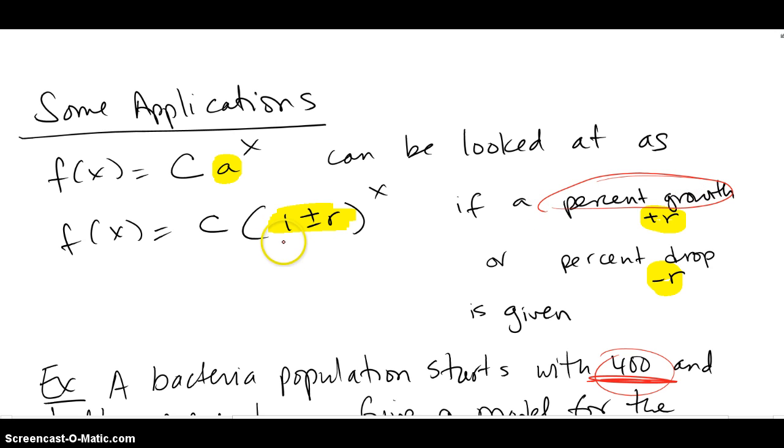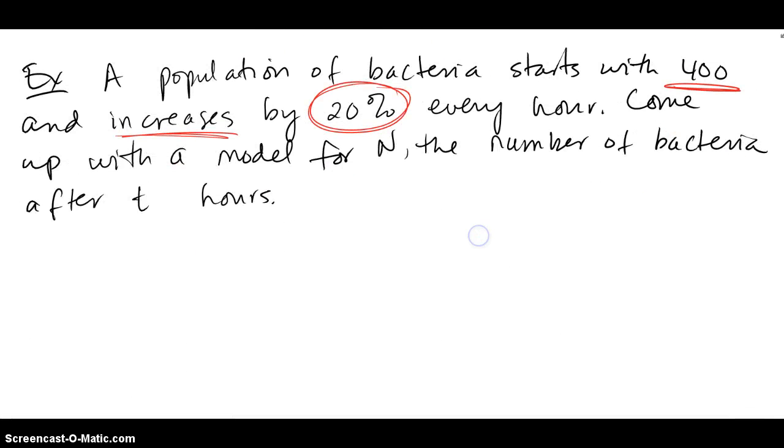So I have my 100% bacteria, which is denoted as 1. Then they increase by r%. So I have to add a percentage to 1 to get my growth factor. So in this case, since r is 20%, r is going to be 0.2 and a is going to be simply 1 plus r because I'm increasing my number of bacteria.